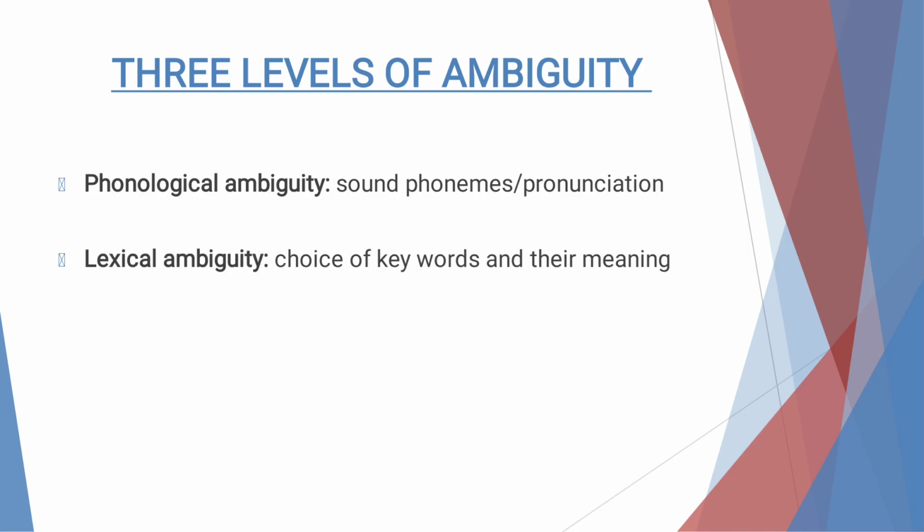The next one is called lexical ambiguity. When you talk about lexical ambiguity, the first thing that has to come into your mind is choice of keywords and their meaning. So when you look at it, the phonological talks about sound phonemes, pronunciation.